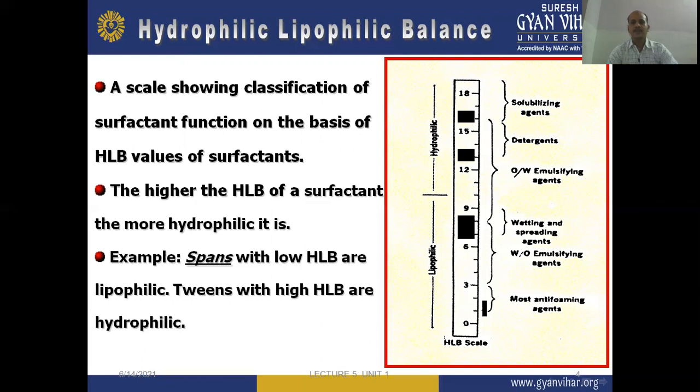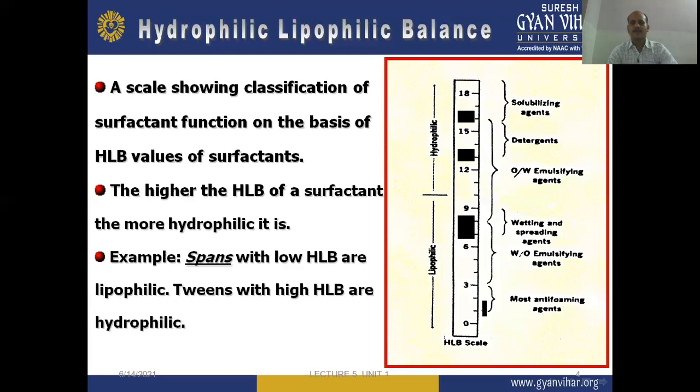When we go through the HLB scale, we can find different surface active agents at different values. When we compare the different surface active agents based on the HLB scale, most anti-foaming agents have an HLB value of 1 to 3. Foaming agents also have HLB values of 1, 2, 3. Similarly, wetting and spreading agents are also surfactants, but they have a different HLB value, which is 7 to 9.